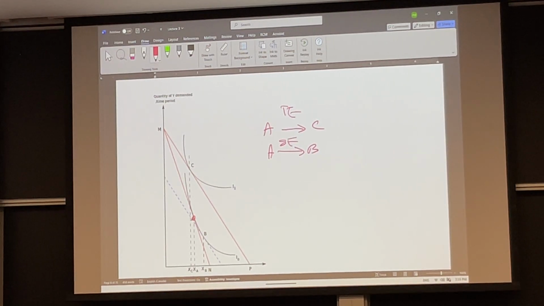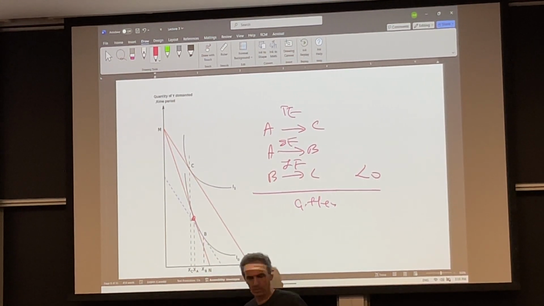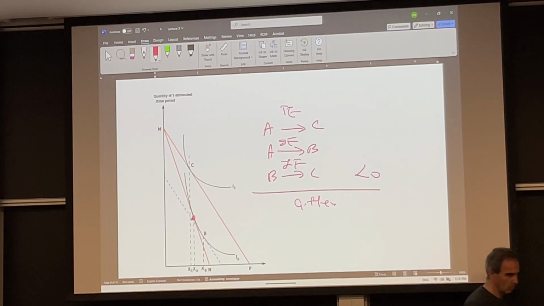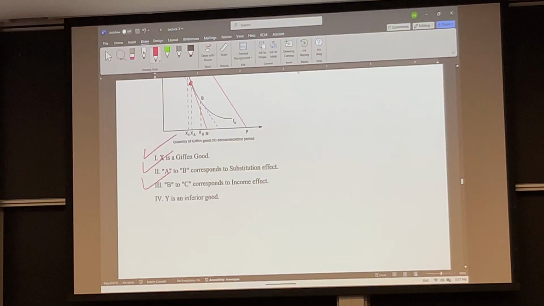So B to C should be what effect? That is the income effect. The income effect is negative and stronger than the substitution effect. The good is called given. The income effect pushes it all the way past the initial point. That's a given good. Upward sloping demand. That's true.